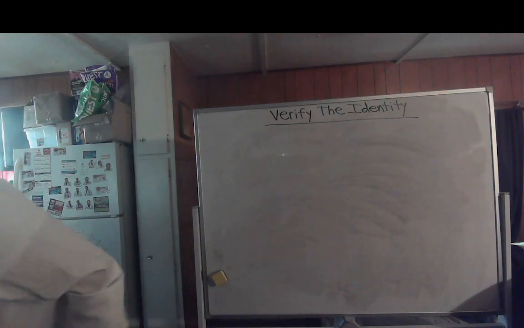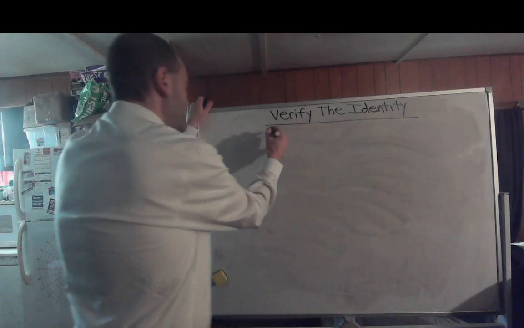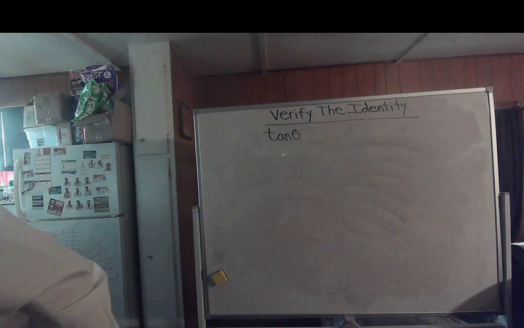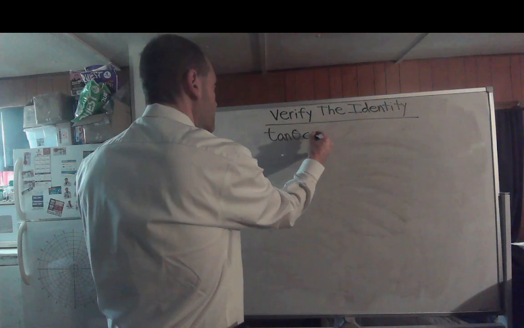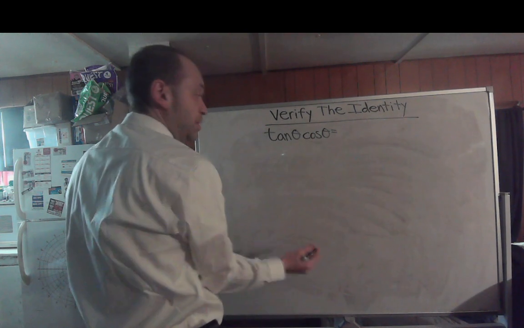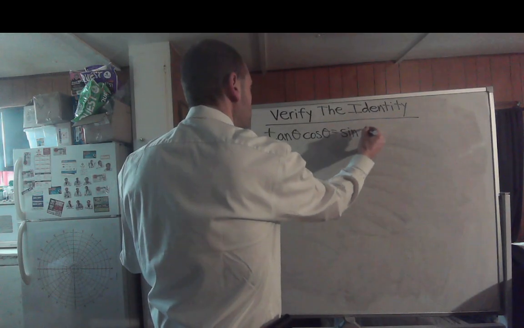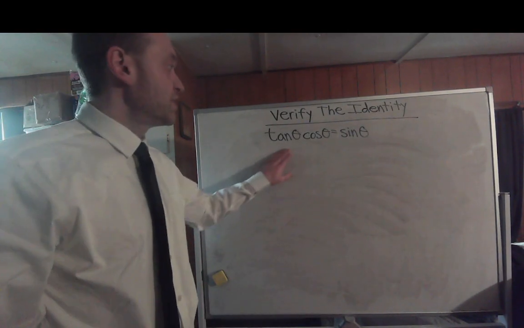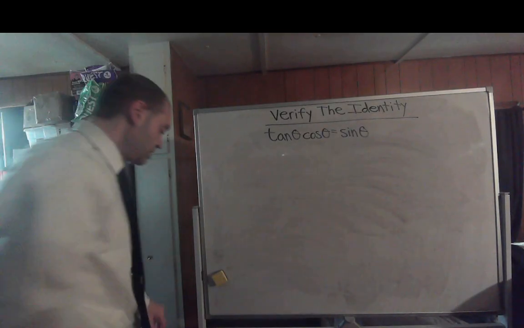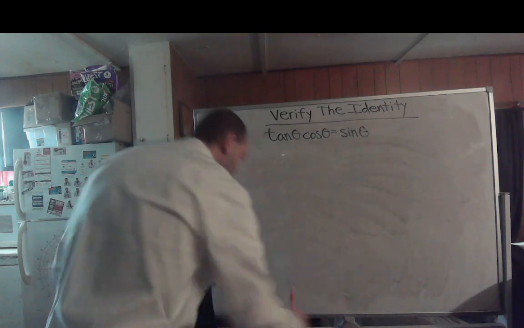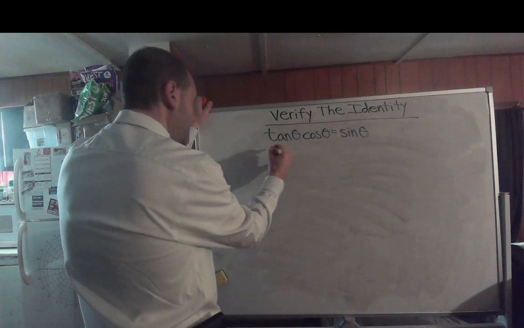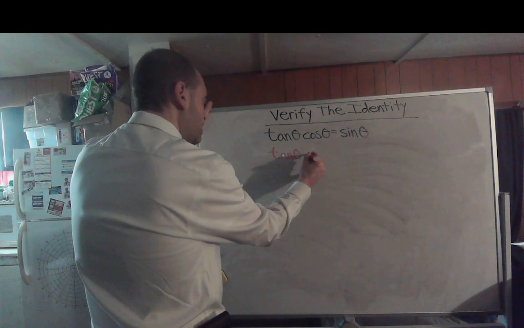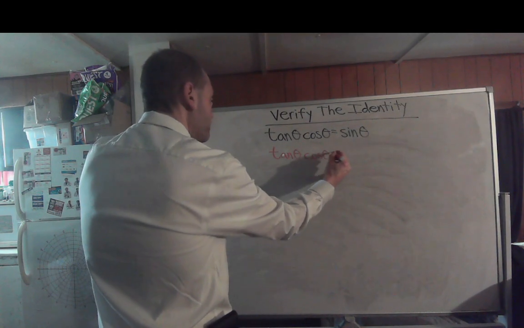Let's see here. So next we want to verify that the tangent of theta cosine of theta equals the sine of theta. So we're seeking to prove that. So let's write out the left-hand side again real quick. So the tangent of theta cosine of theta equals what?